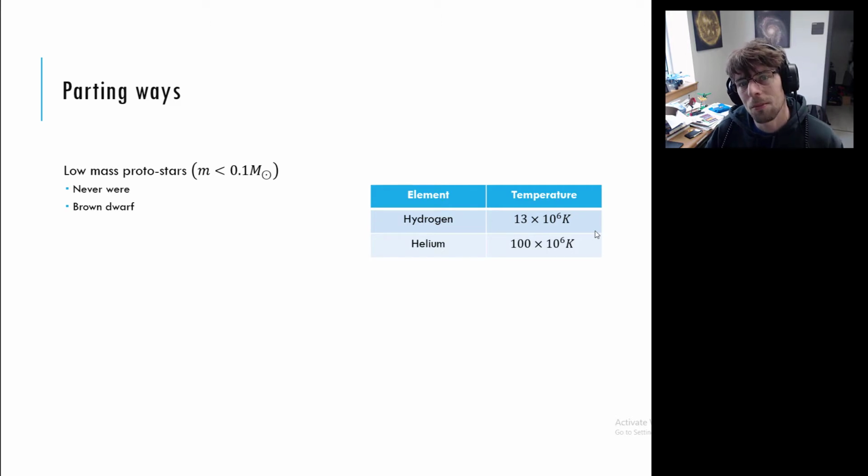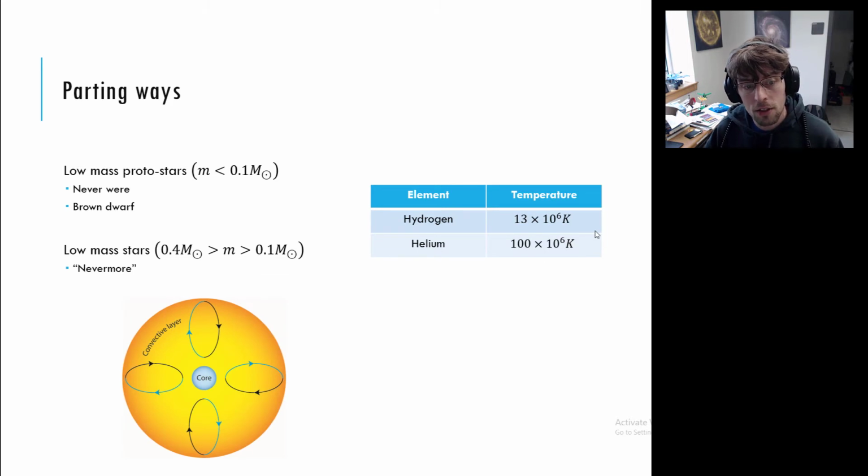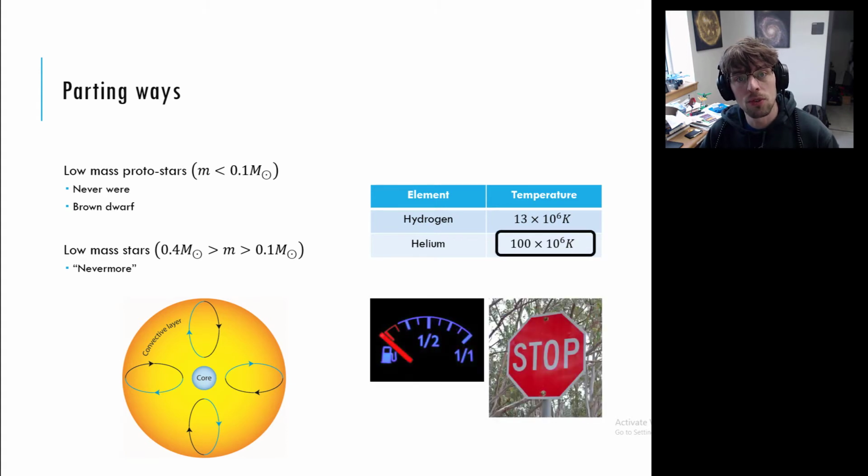We will play the same song and dance for low mass stars. Low mass stars between 0.1 and 0.4 solar masses will use up most of the hydrogen in the star. They will do the fusion process. But the issue is that they are not massive enough to fuse helium. Think about it: after the star uses up all of the hydrogen, that star will start to compress.